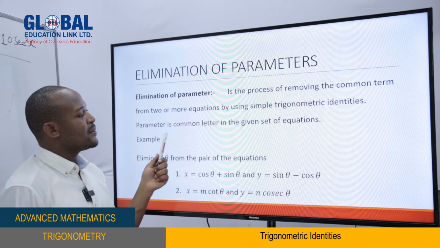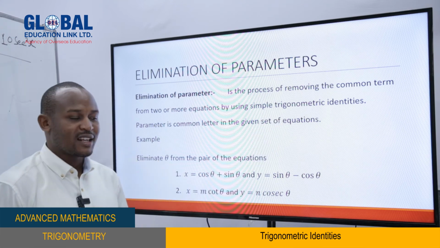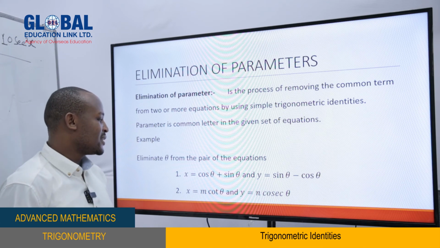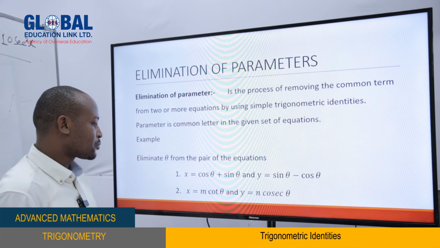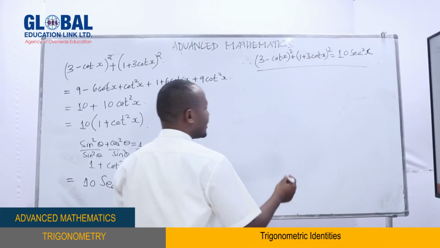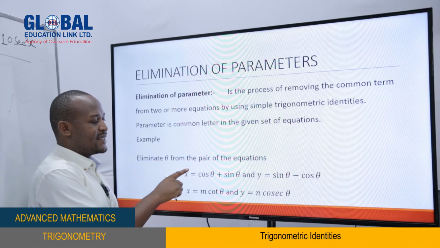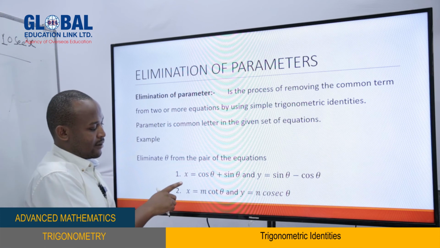And what is a parameter? A parameter is a common letter in the given set of equations. That means from a set of equations you are told to remove a certain parameter, and you will see that from these three examples that follow. For example, eliminate theta from the pair of equations. We have equation number 1.